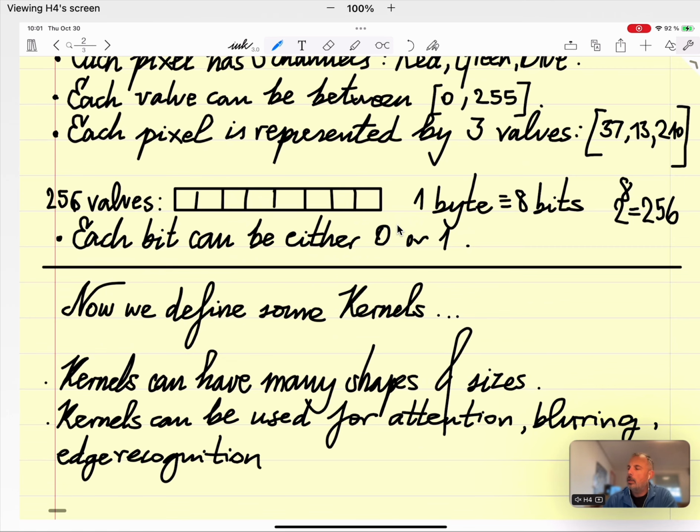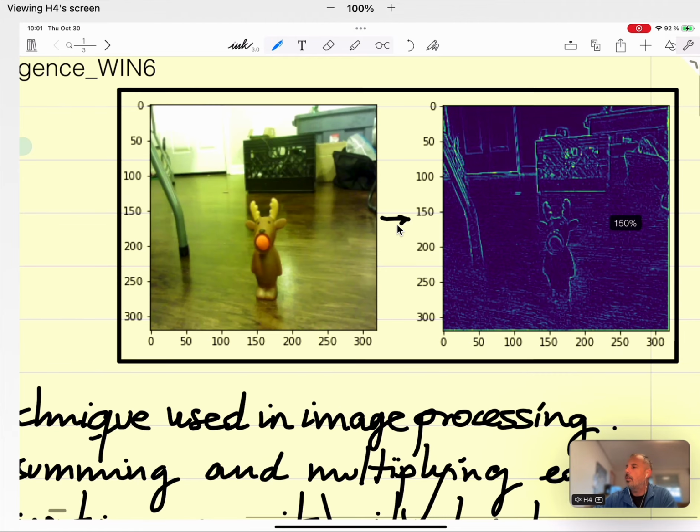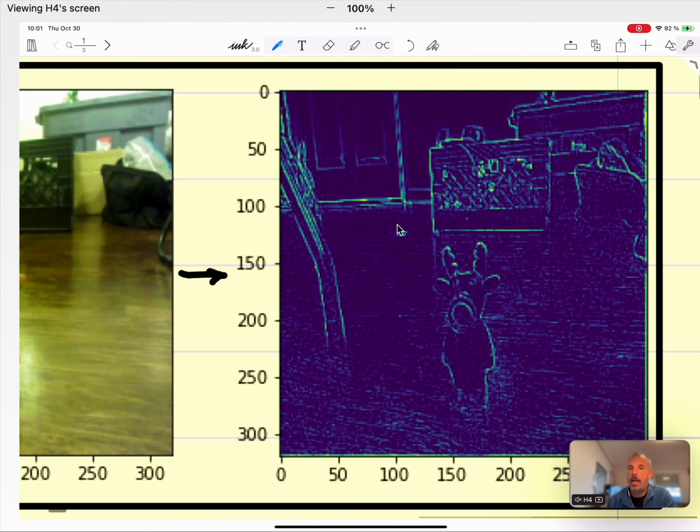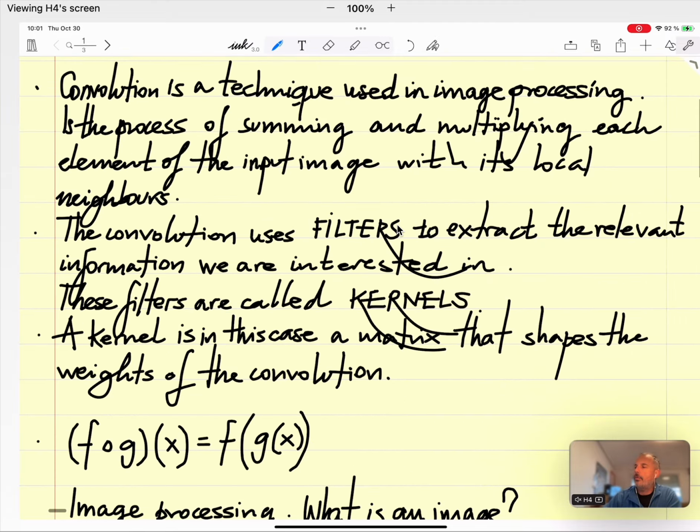You see here, we are just recognizing the edges of the image, right? So this is edge recognition.